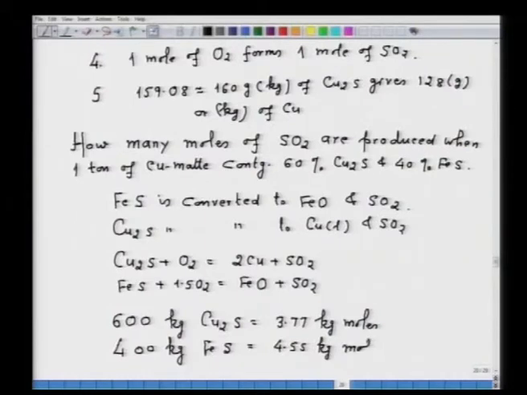So, I have to write down now equation 1 and equation 2 by utilizing the moles which are participating in the reaction.